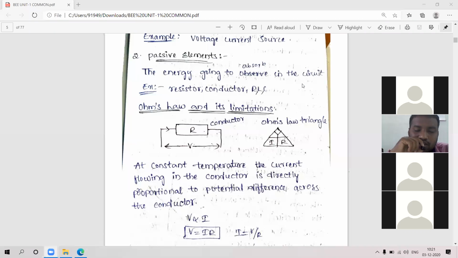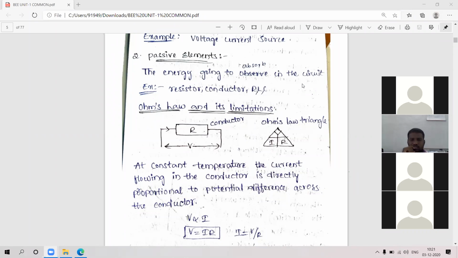You can write it in the Ohm's law triangle. On that triangle, if you place your thumb on V, you can observe that I and R are placed side by side, that means I into R. So you can take that IR.